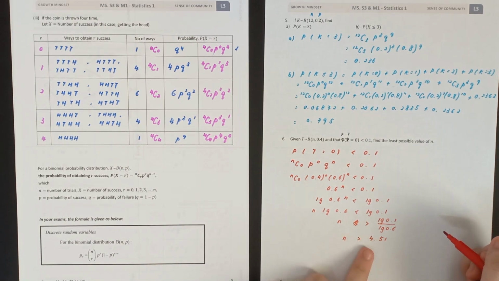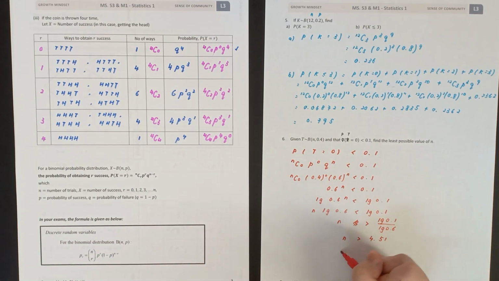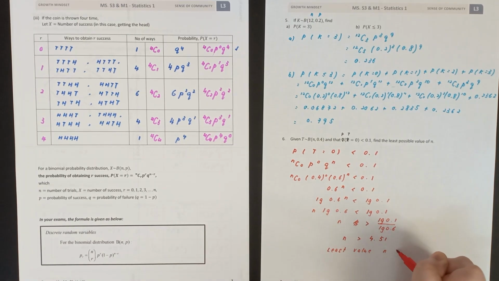Any number greater than 4.51 will give you a probability smaller than 0.1. So the least value for n will be equal to 5, the first value that is greater than this range.